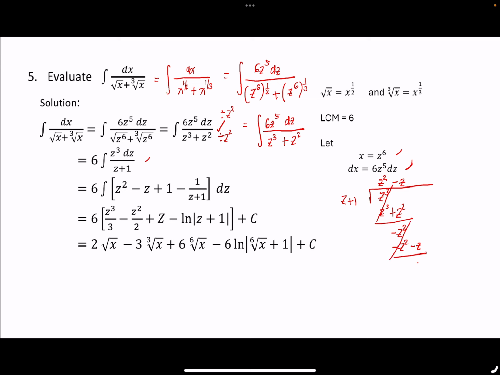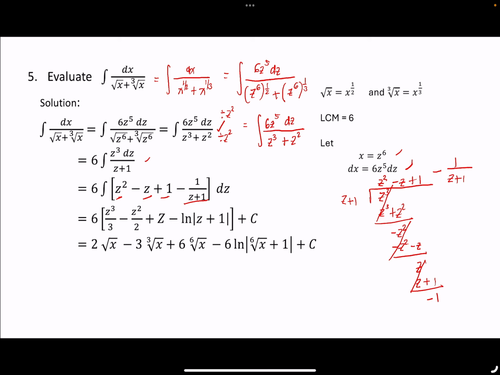We can cancel this and we have positive z. So plus 1. z plus 1 is the product and the remainder is negative 1. So this is to be written as minus 1 over z plus 1. So we have z squared minus z plus 1 minus 1 over z plus 1 dz.